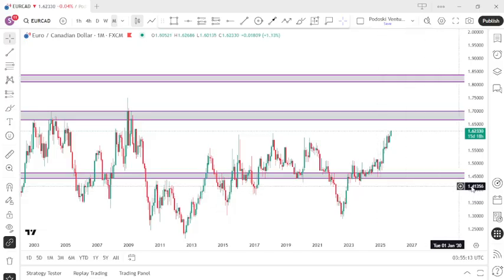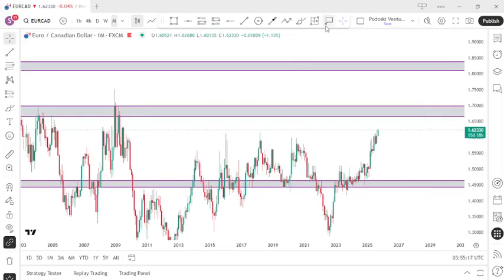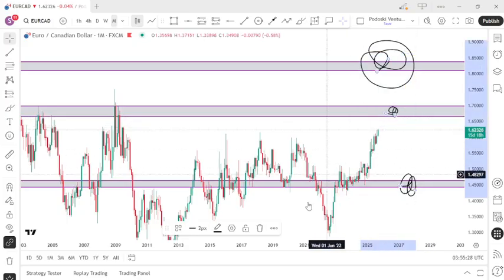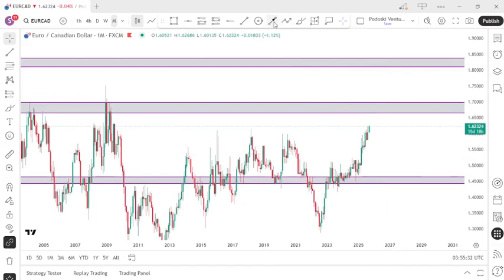So let's start on EURCAD. On the monthly time frame, I have my monthly upper zone here, midway zone here, and my monthly lower zone here. From the monthly time frame, you can see that price is definitely moving to the upside.